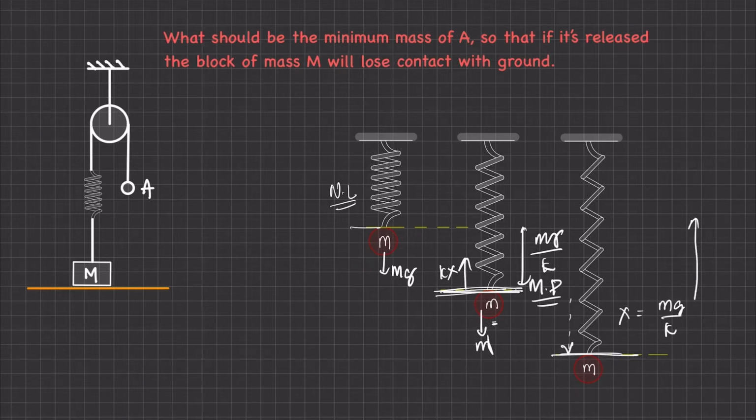So the total extension was 2mg by k. That means the spring force developed was 2mg, even though the external force was mg only. This was the discussion in the last lecture, but let's try to conclude something here.